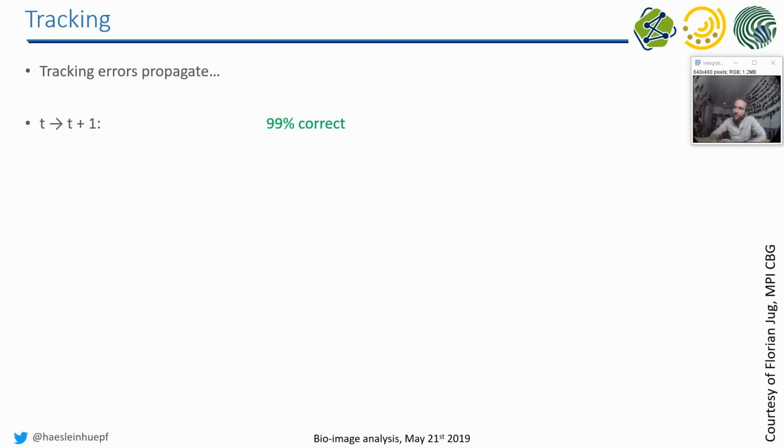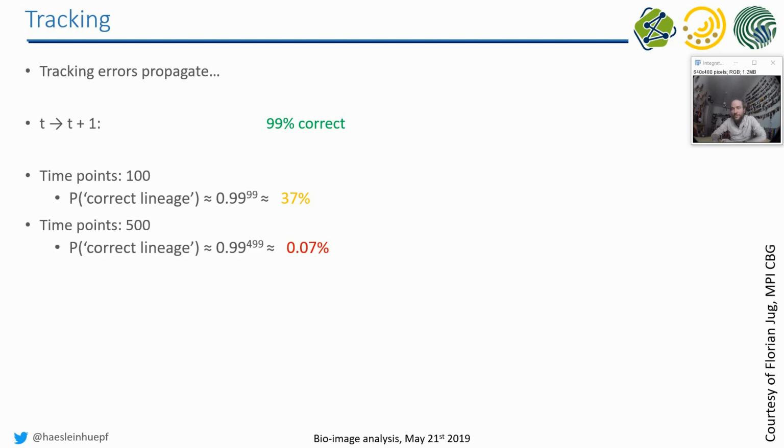If from one time point to another 99% are correct, as we just said, and we have 100 time points, then the probability that we have the correct lineage is 0.99 to the power of 99. That means with 100 time points, we have a likelihood of having the whole tracking over all these time points correct of something like 37%. And if we talk about 500 time points, it goes down to 0.07%.